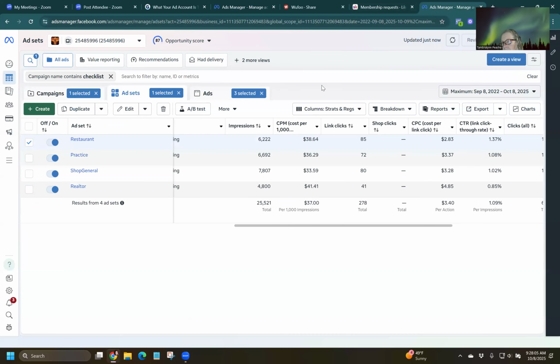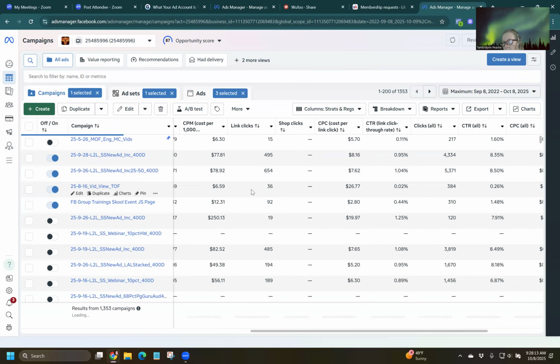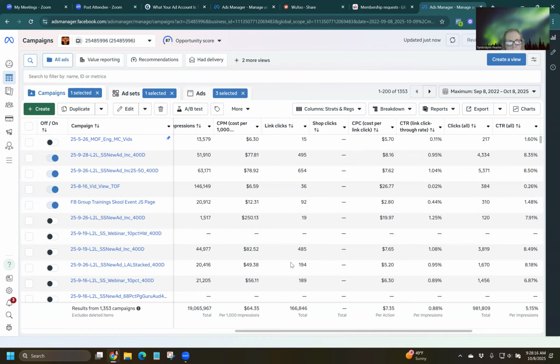Sometimes we'll see very competitive industries where the CPMs are really high. Let me go back here. I've got some that are really high, like this one right here, because this ad is really going after a very, very competitive industry. I think I turned that one off within a few days, because the CPMs were so high and the cost per link click was so high.